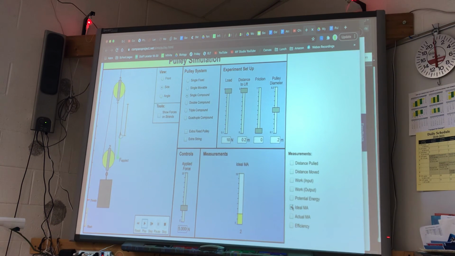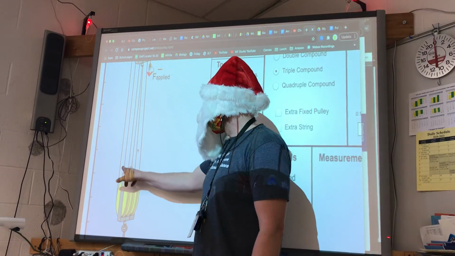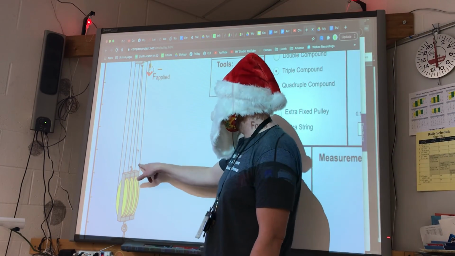If I uncheck this box and go to this one and change these, that to that, and zoom really far in, how many strings are holding this thing down here? 1, 2, 3, 4, 5, 6.